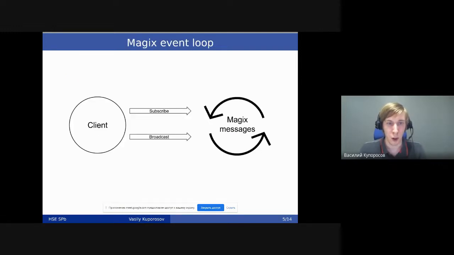Now I will describe what Magix is. Actually, it is an event loop that allows a client to subscribe to it and receive all the messages that are in that loop, and a client can also broadcast a message, so it sends a message to the loop, and all other clients that have subscribed to that kind of message receive them.